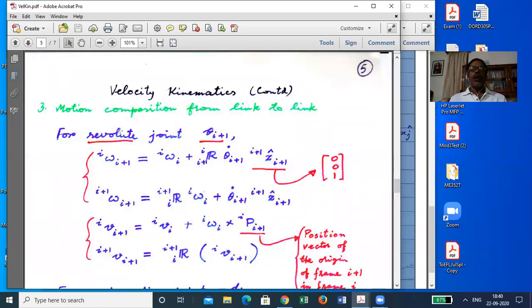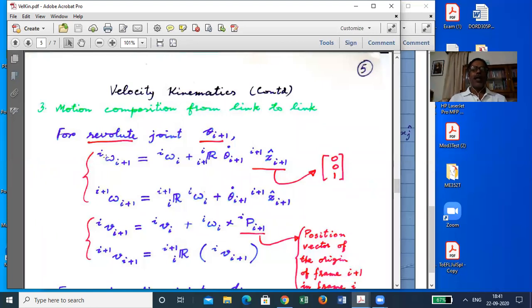Now, with this management of the frames, we can now describe the motion of a point which is already available in one frame in the other frame, and motion known in a frame ahead in the manipulator we typically express in a frame which is behind.